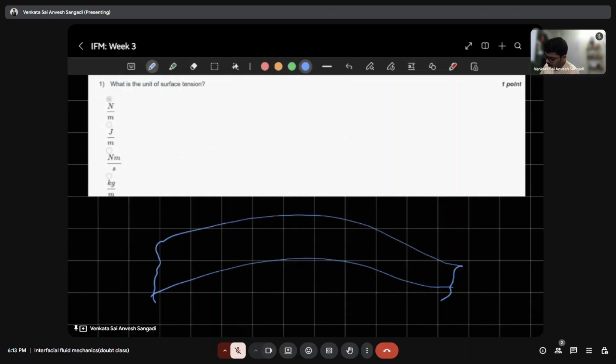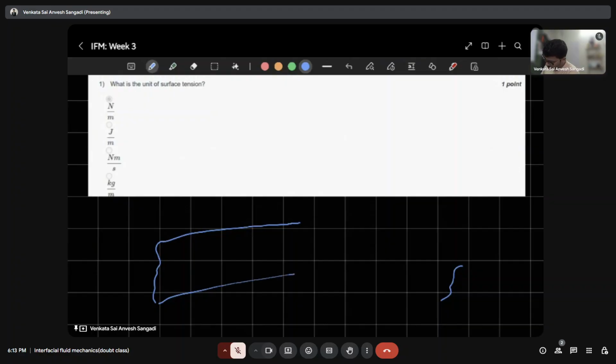And if we look at the force at a cross section, the force on this particular surface by the other surface is to pull it in its own direction.